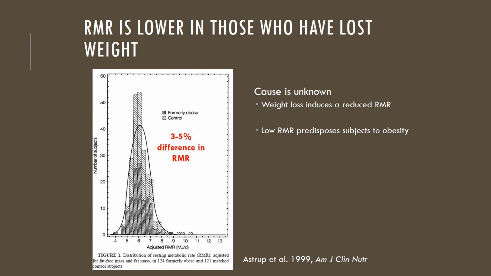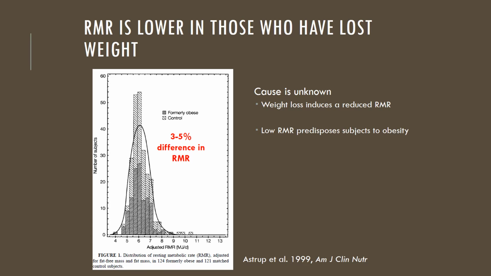Here is some data showing people who have lost weight. They're called formerly obese, and that's these darker bars down here. This is showing the metabolic rate for a number of subjects. Most of the subjects had a metabolic rate in here. A few had a metabolic rate that's a little lower.